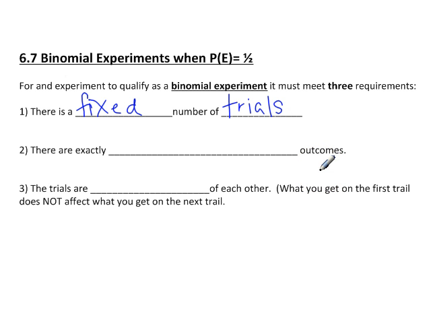The next part is you'll notice in the word binomial you see "bi," and that means that we need to have 2 outcomes. But the 2 outcomes also need to be mutually exclusive. So there are exactly 2 mutually exclusive outcomes.